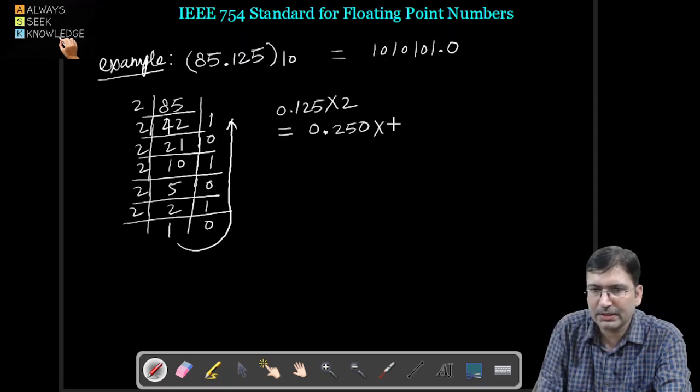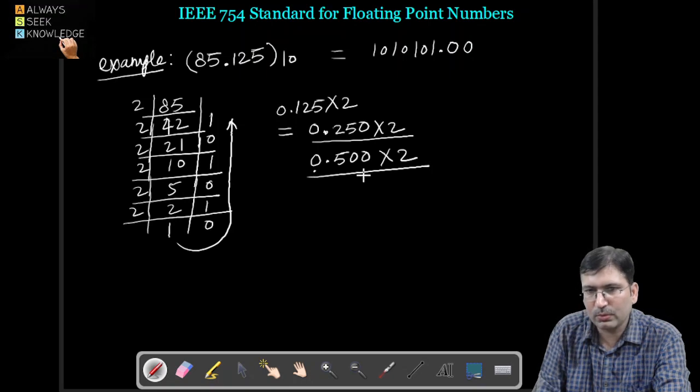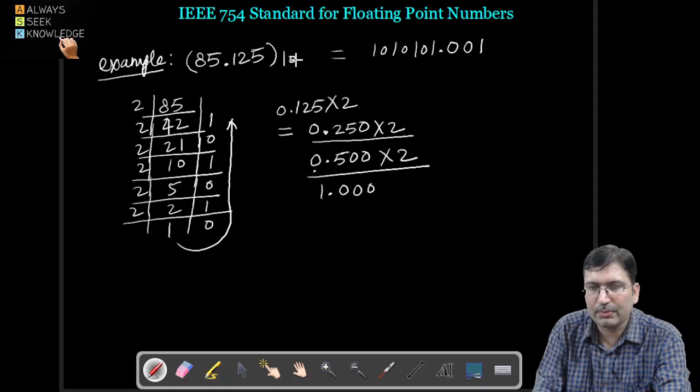Now again we multiply this value by 2, and this time we will get 0.500. Again we get 0 before the decimal point, so again we write 0. Still we keep on multiplying this by 2. If we multiply this value by 2, this time we will get 1.0. So now we will get 1. That means 85.125 in base 10 will be converted into binary like this.